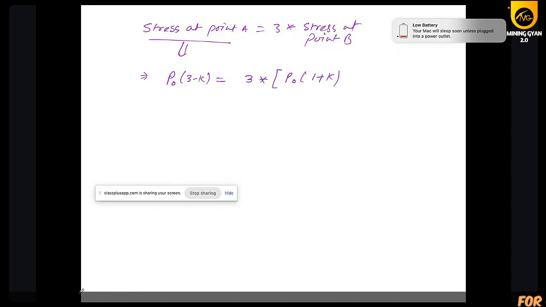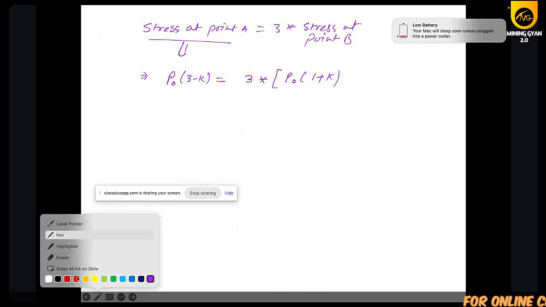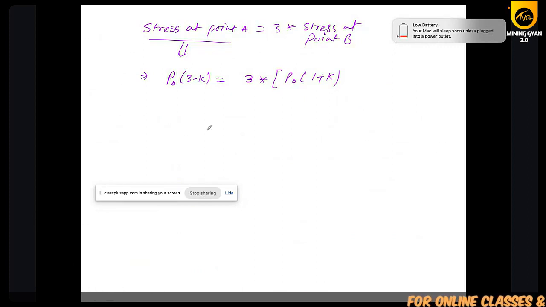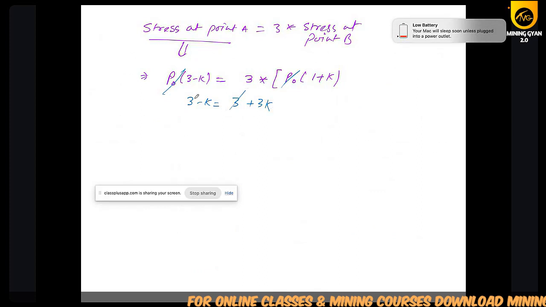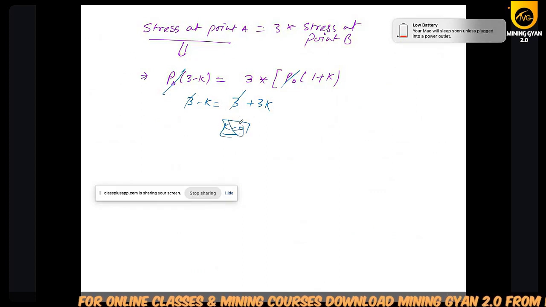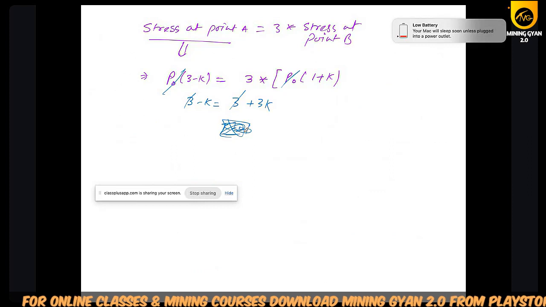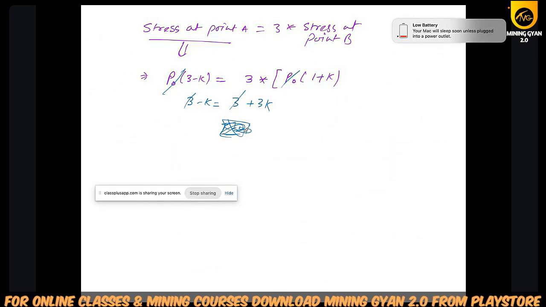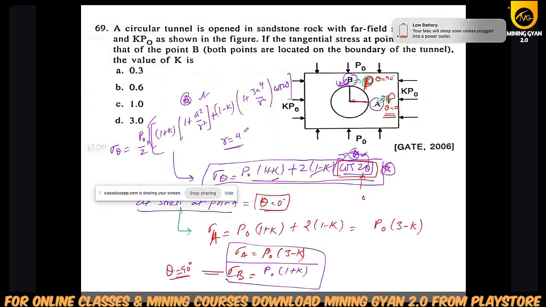When you solve this equation, P naught cancels with P naught, and it will be 3 minus K equal to 3 plus 3K, so 3 to 3, how does it become 0? Yeah, we have made some mistake again. So he has given us this.